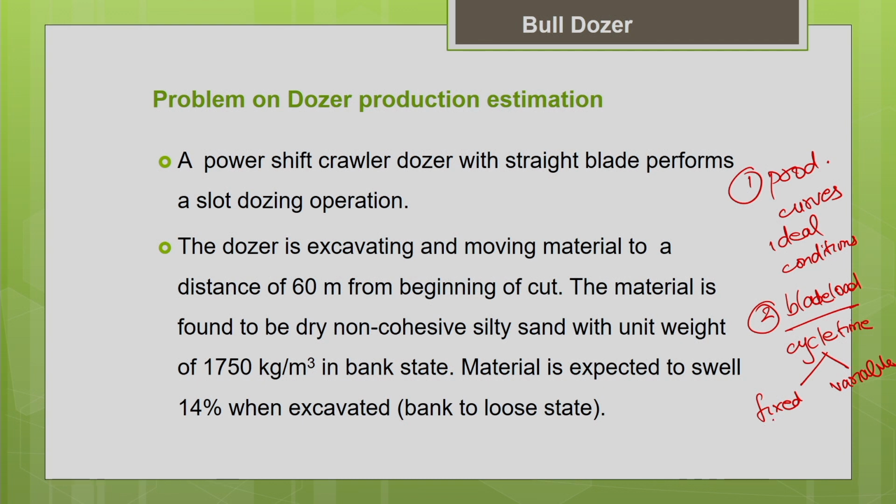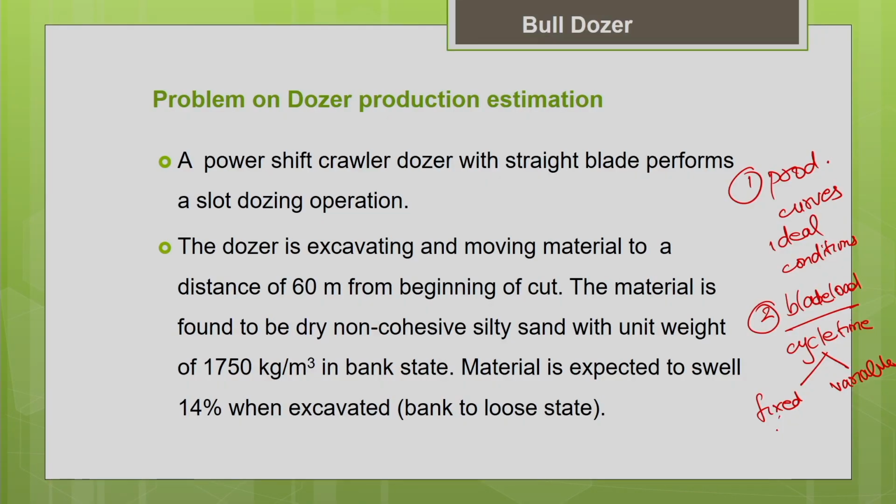Fixed is nothing but your maneuver time, depending upon whether the mode of transmission is direct or manual gear change, or it is power shift mode or torque converter or automatic gear change. Accordingly your maneuver time will vary. Then the variable time: if you know the haul distance, if you know the dozing distance, and if you know the speed of the machine, you can calculate the variable time.